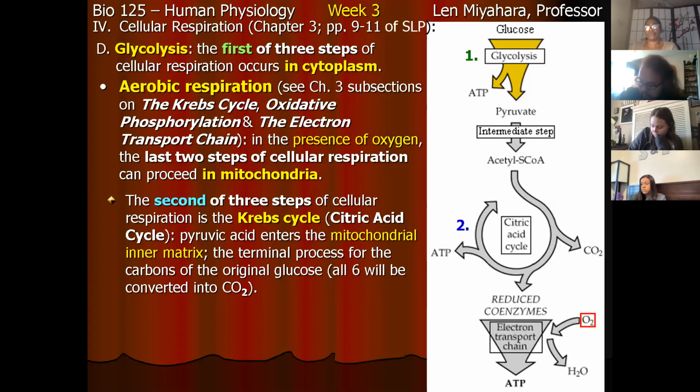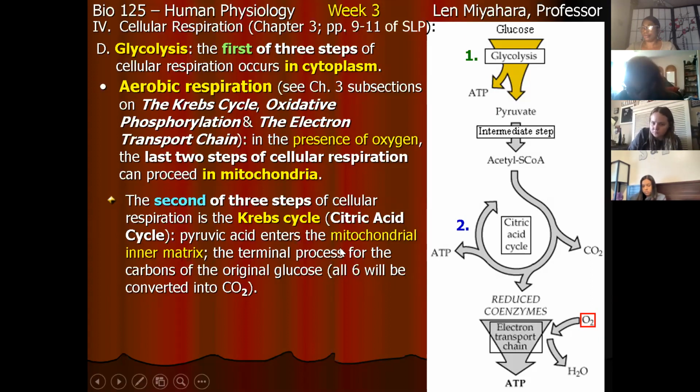So basically the first reaction of the Krebs cycle, you do have to know all the substrates as well as the product. And that's because some textbooks don't call it the Krebs cycle, they call it the citric acid cycle. And I need to at least give you that, so if you ever see that, you're not completely lost.